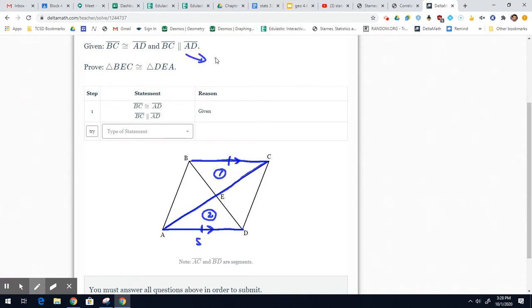Remember that parallel lines lead to congruent angles. When you see this Z, you have in here alternate interior angles that are going to be congruent. Okay, so these two angles will be congruent, and that'll be a pair of angles.